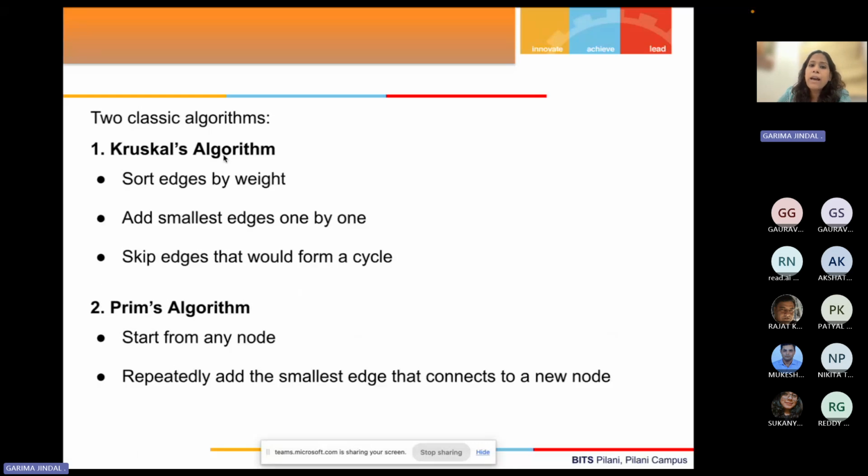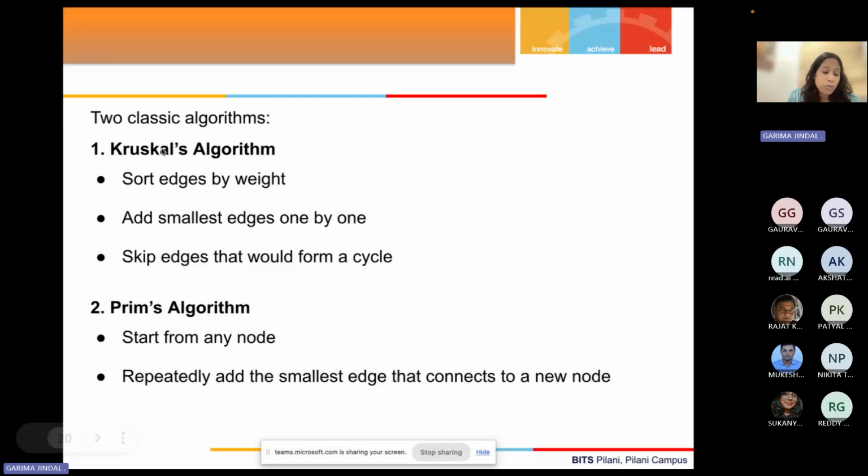Now there are two popular algorithms to identify spanning trees. The first one is Kruskal's algorithm, and the second one is Prim's algorithm. What is the intuition behind these two algorithms? In Kruskal's algorithm, we have this graph and its edges. One by one, we sort the edges by weight and add the smallest edges to the minimum spanning tree, and we skip an edge if it forms a cycle.